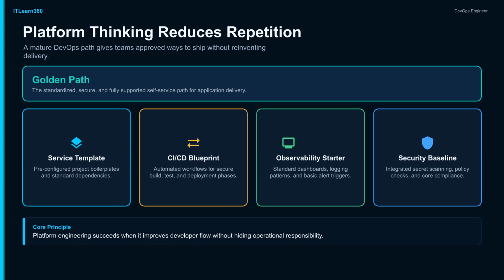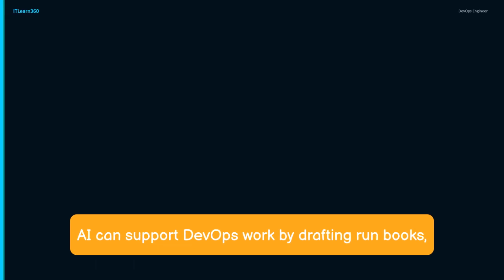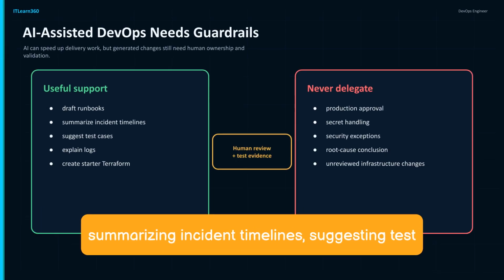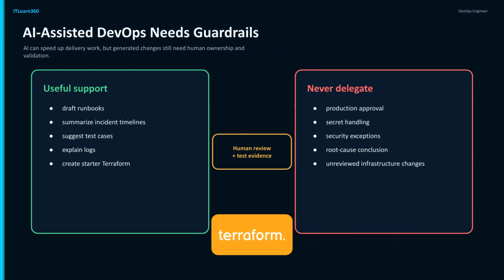This same principle applies to AI-assisted DevOps. AI can accelerate documentation, analysis, and starter code, but it cannot remove ownership from the engineer who approves and operates the change. AI can support DevOps work by drafting runbooks, summarizing incident timelines, suggesting test cases, explaining logs, or generating starter Terraform. Those are useful accelerators when the engineer validates the result.